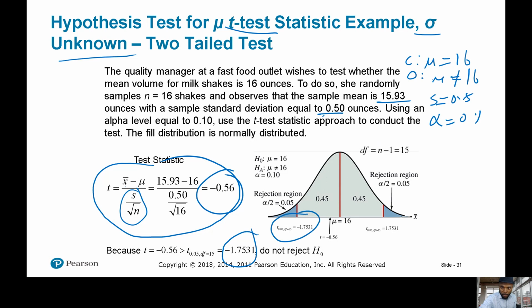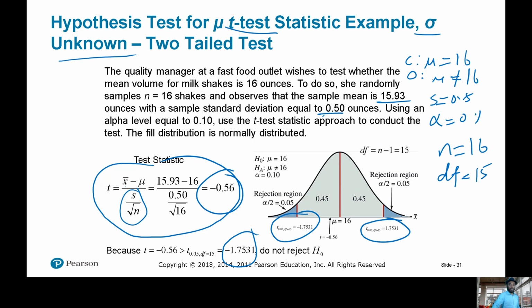We are given that alpha is 0.1, and n is equal to 16, so the degree of freedom is n minus 1, which is 15.